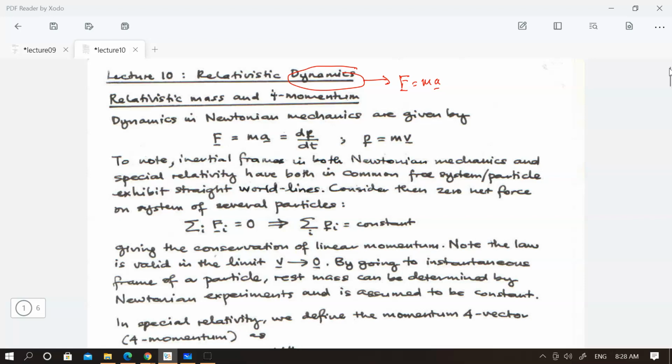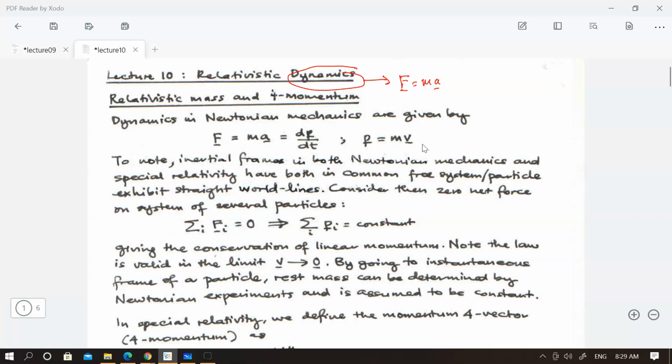Okay. So in the context of Newtonian mechanics, once you have this equation obeyed, then we know that it's going to be an inertial frame. In the case of special relativity, we have not really defined force properly, but we know that the inertial frames in both special relativity and classical mechanics are the ones in which a free particle will just continue in a straight line.